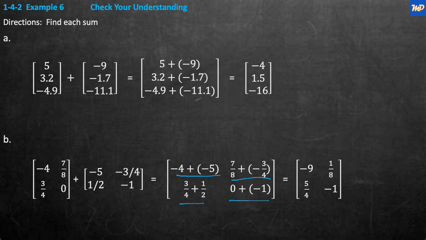And when you do this, -4 plus -5 is -9. 7/8 minus 3/4 is 1/8. 3/4 plus 1.5 is 5/4 or 1 1/4. And 0 plus -1 is -1. Okay, good job, everyone.